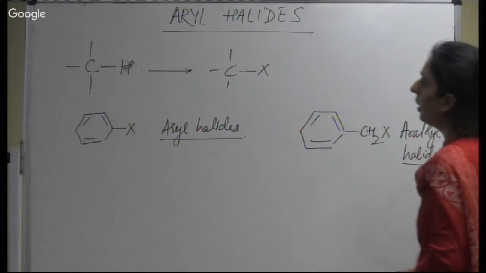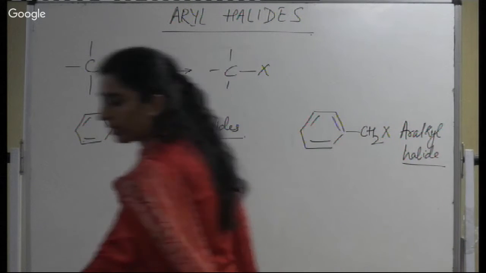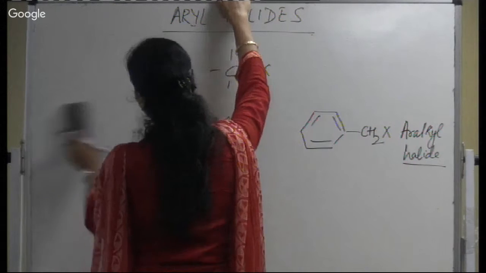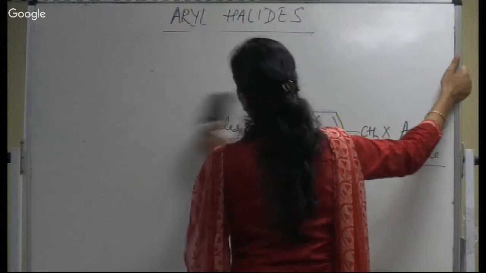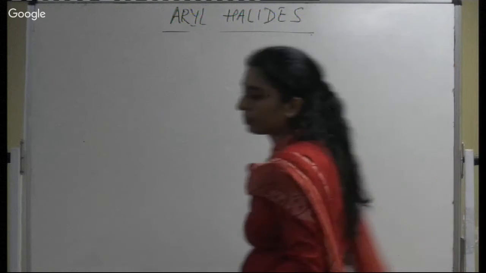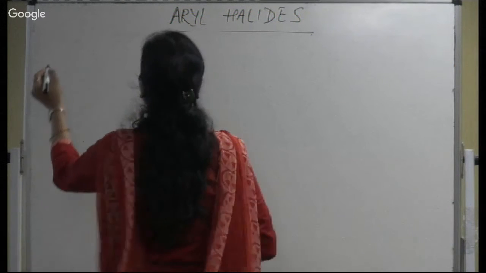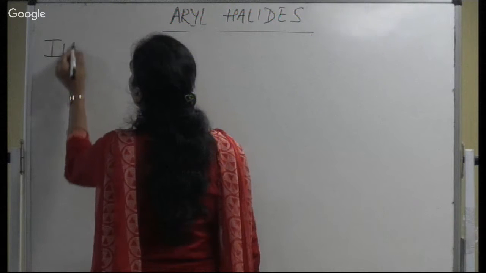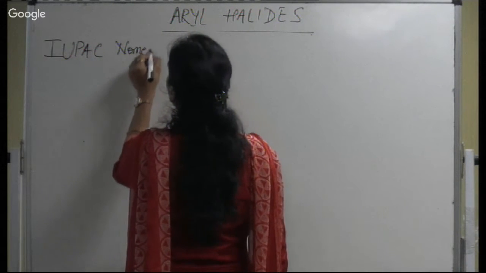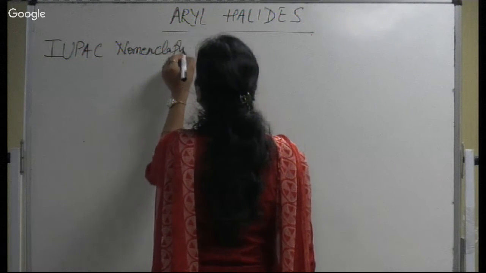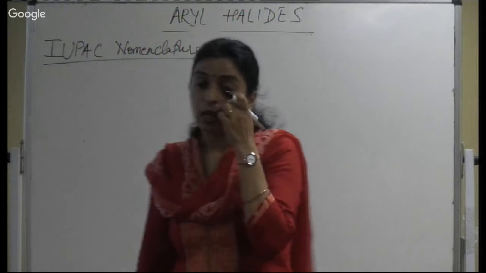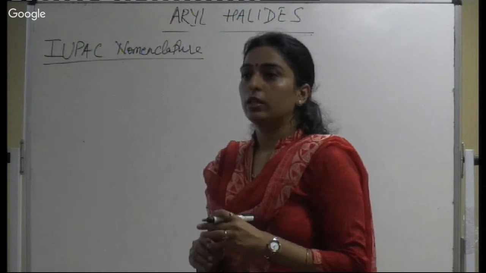Okay. Let's move on to the IUPAC nomenclature of the alkyl halides and aryl halides. Halides are basically considered as a substituent for the nomenclature.